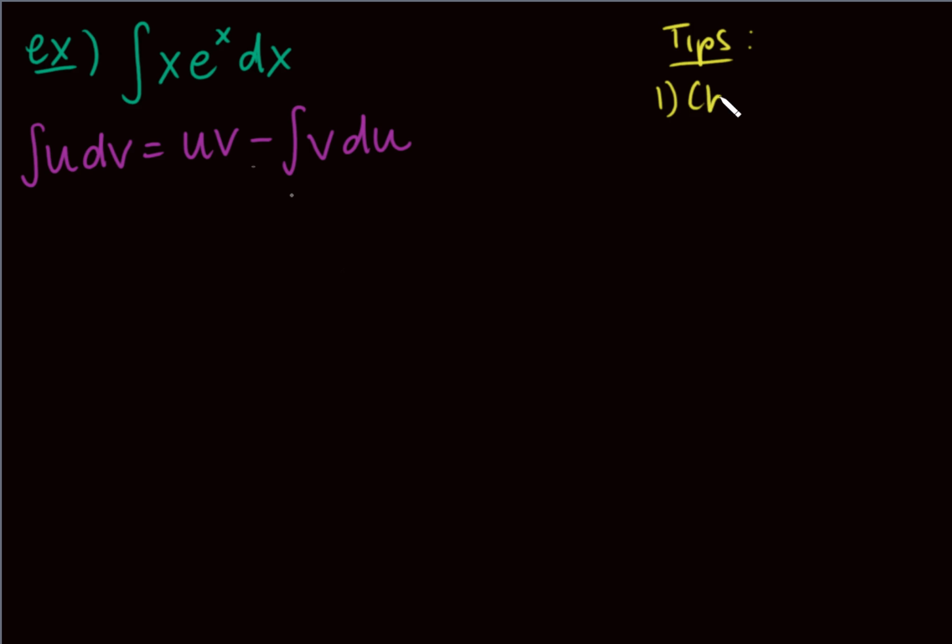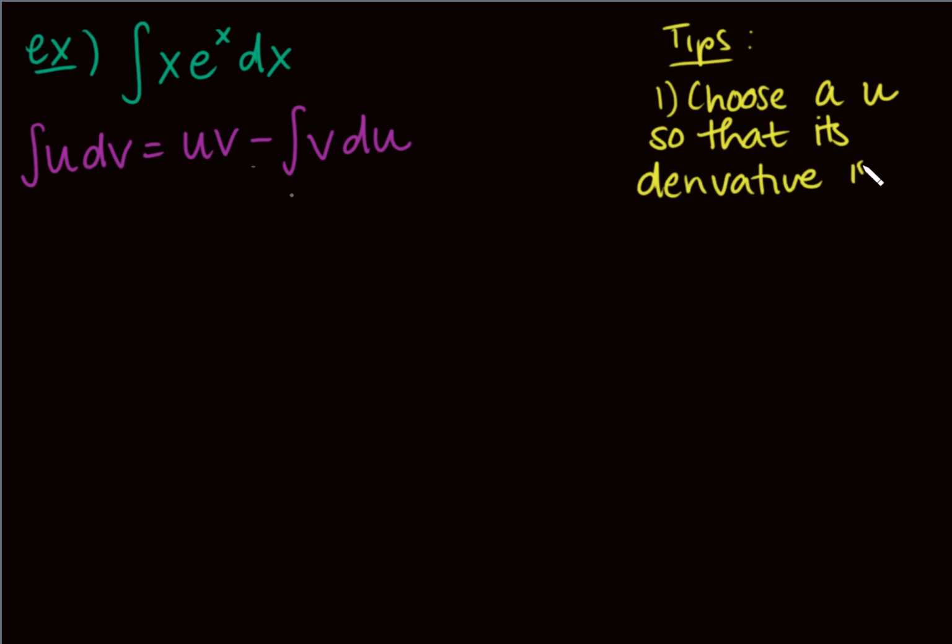First tip, choose a u so that its derivative is more simple. What I mean is, if I take its derivative, I want it to be a simpler function than itself.